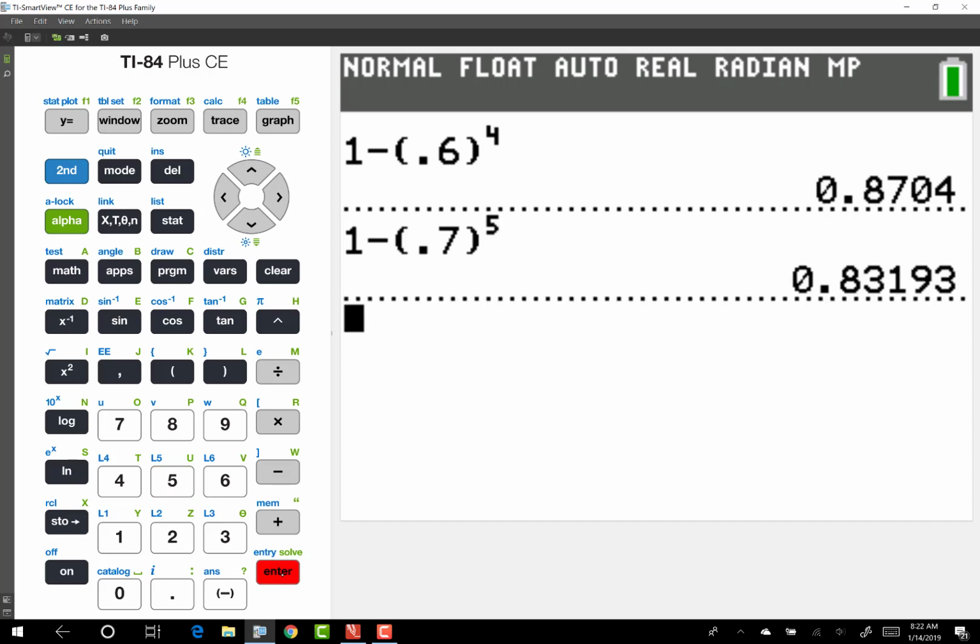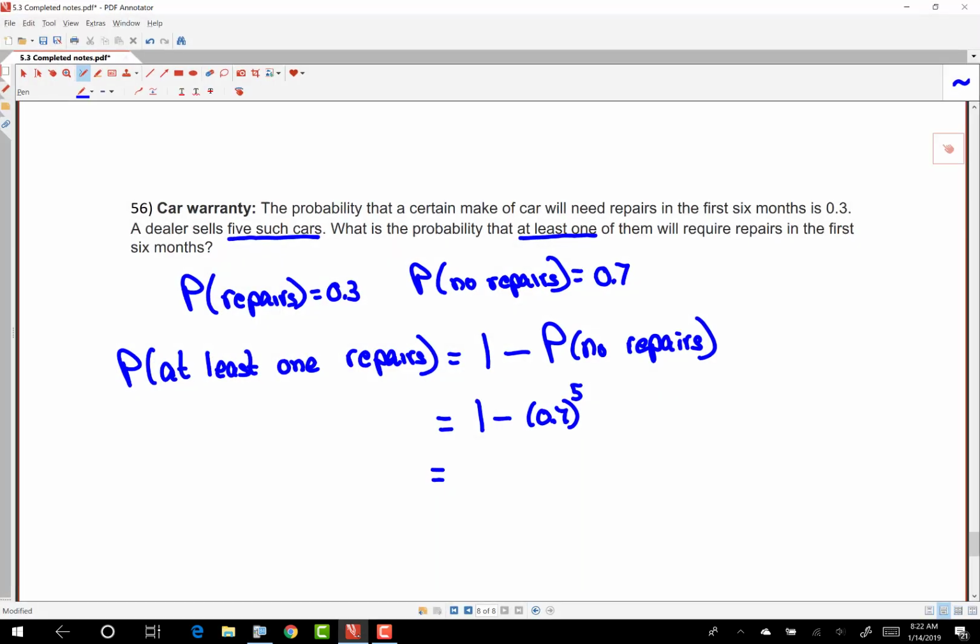And that gives us 0.8319. So that would be the probability that at least one of those 5 cars that the dealer sold needs repairs within the first 6 months.